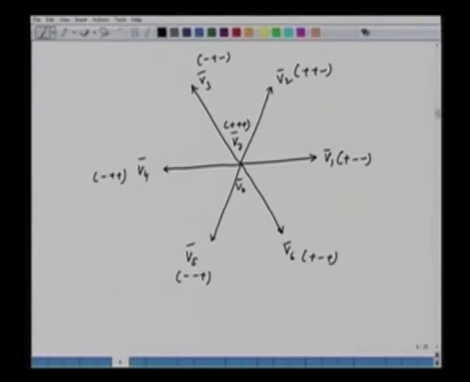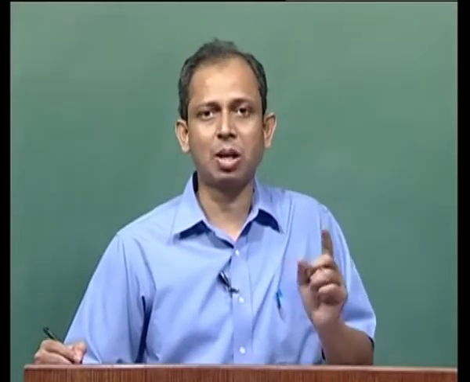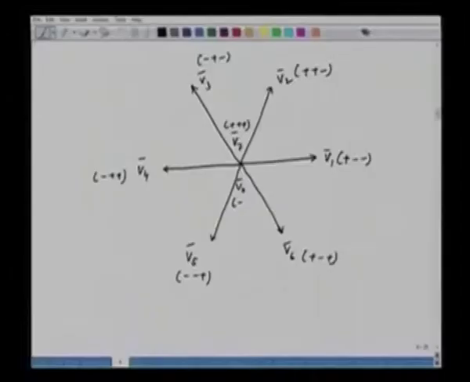It means the machine is shorted through the upper switches of phase A, phase B and phase C. Similarly, V0 is minus minus minus, which means the lower switches of the 3 phases are on, and the 3 phases of the machine are shorted through the lower switches.